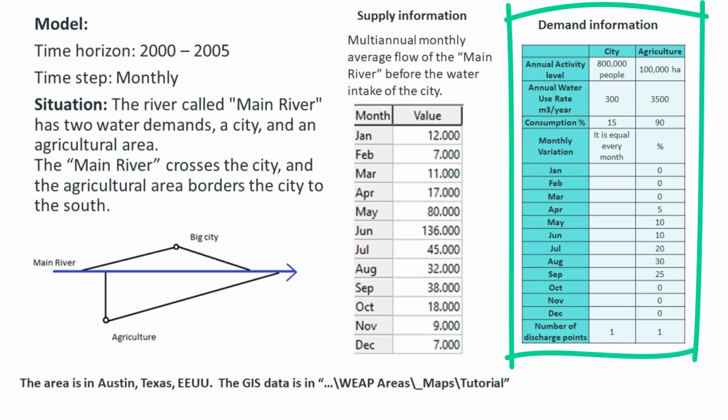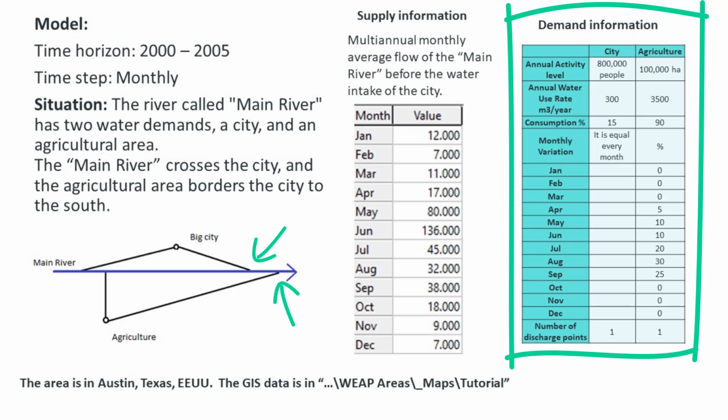January, February, and March, no water is required, 0%. From April to September, water is required, with 5%, 10%, 10%, 20%, 30%, and 25% respectively. October to December, 0%. The sum of the percentages should be 100%.